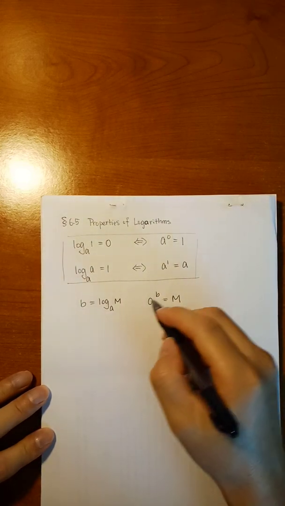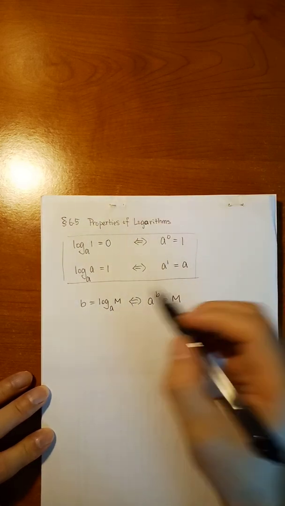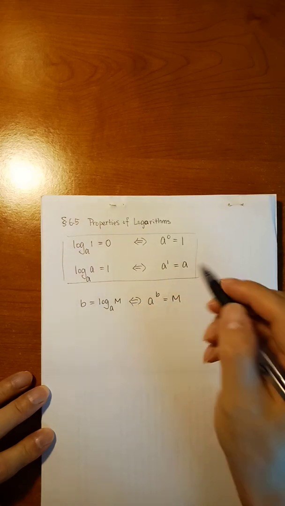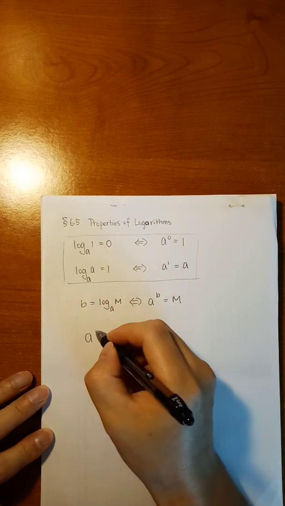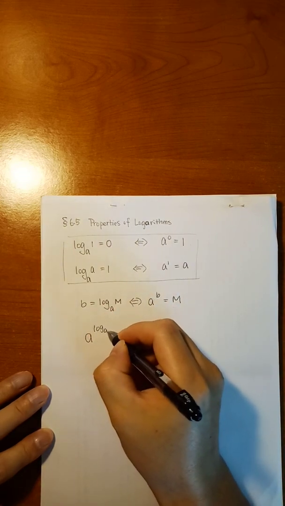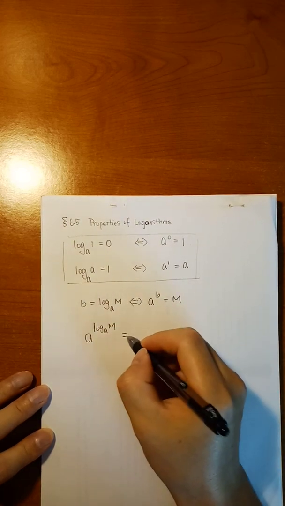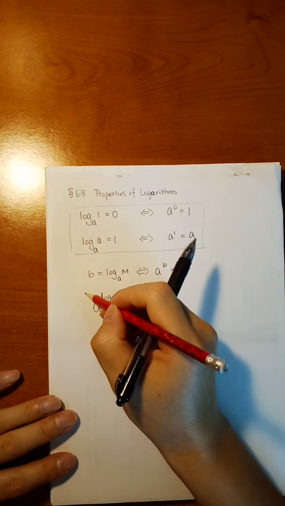This is equivalent. And b is written like this, so we replace this b by this expression. We get a to log a of m is equal to m. Okay, so this is our second formula.